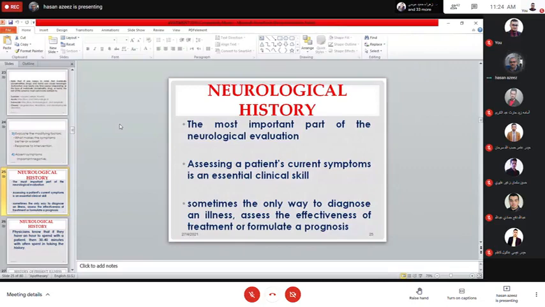But we put a simulation to evaluate the skill of taking history. Taking history is crucial, and this skill should be learned whatever.